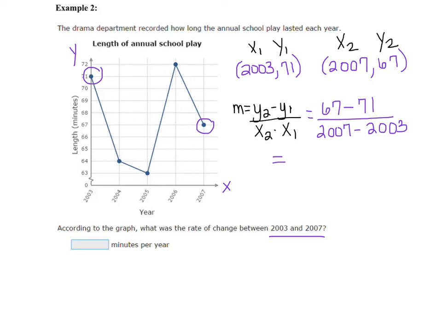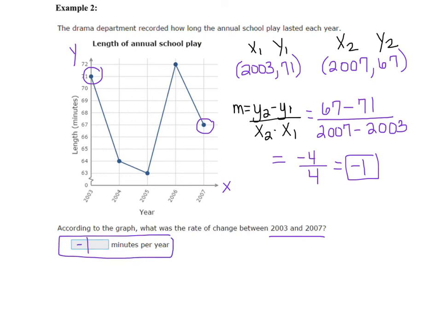All right, so we want to subtract across. 67 minus 71 gives us a -4 over 2007 minus 2003 gives us a +4. And we can simplify that. -4 divided by 4 gives us a -1. Therefore, the rate of change of the length of the annual school play went down by 1 minute per year. And that is your answer.